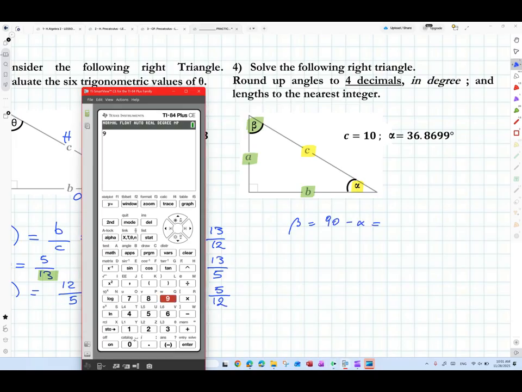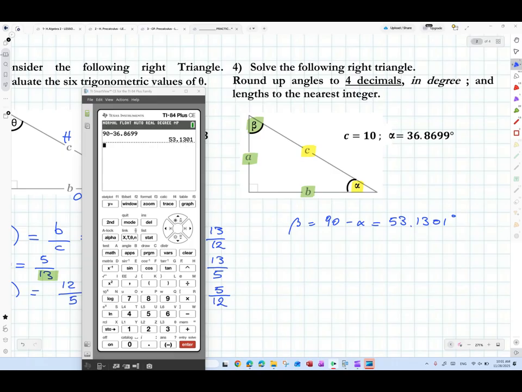So 90 minus 36.8699 would be 53.1301 degrees. And from there, you have many possible routes.